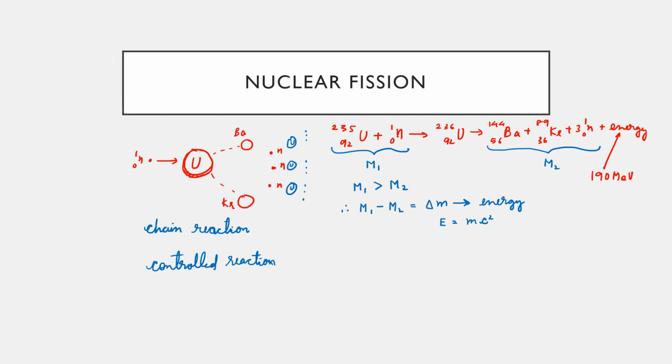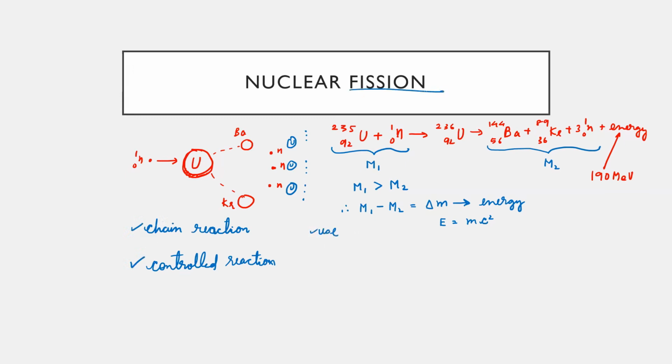Because they absorb neutrons, they can control the number of neutrons available, and they control the rate of reaction. These are cadmium rods. They absorb the neutrons and control the rate of the reaction. In a nuclear power plant these are there, so you need to know a little bit about them. And the last thing is use.